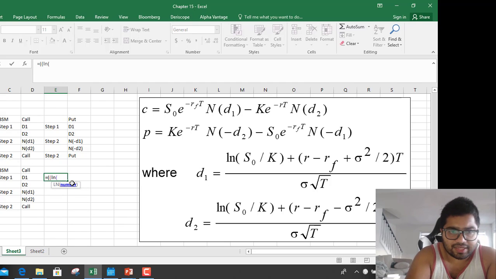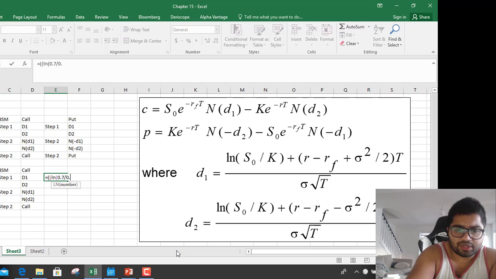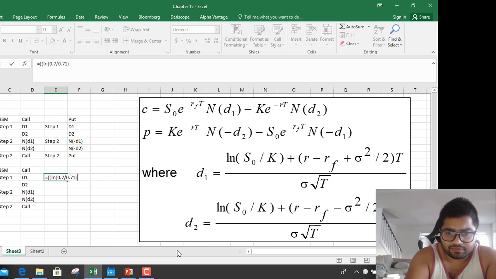D1 is natural log of S0, that is 0.7, divided by 0.71, so S0 by K, plus the risk free rate.